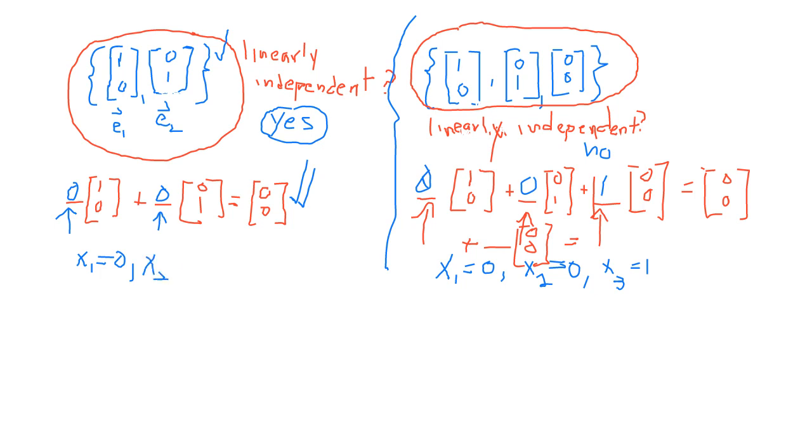But now, in this second example, we have 3 vectors, and look, we have a non-trivial solution. x3 equals 1. I want to be careful, we found a non-trivial linear combination of the vectors that will equal the 0 vector. So the answer is no.